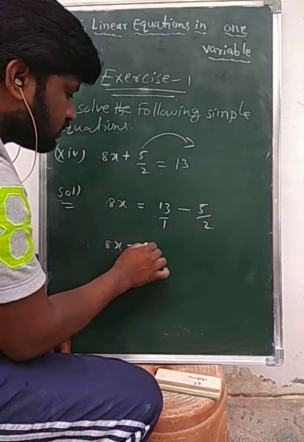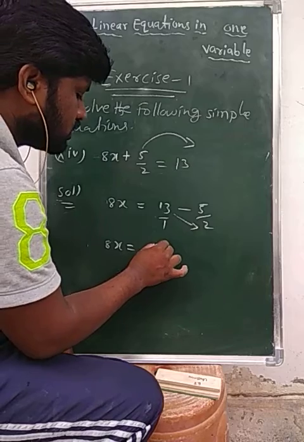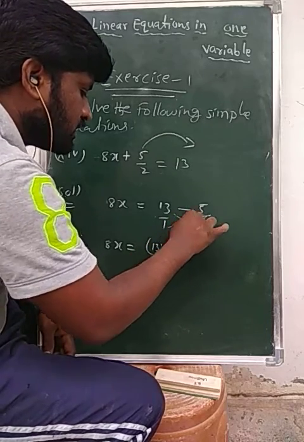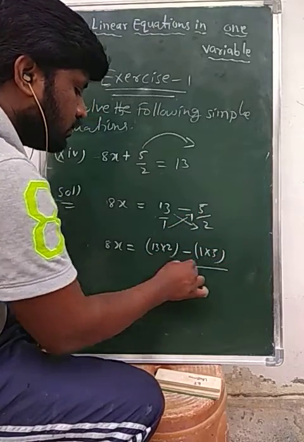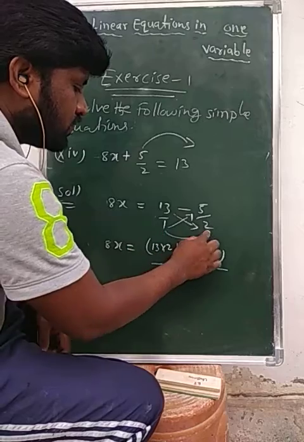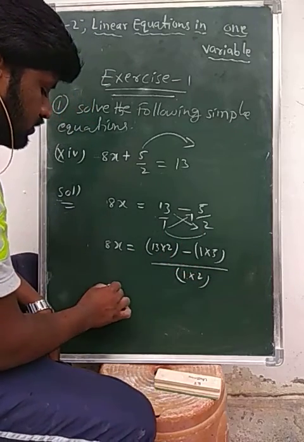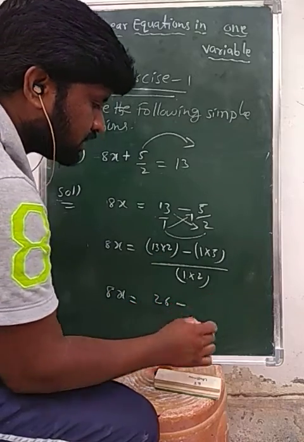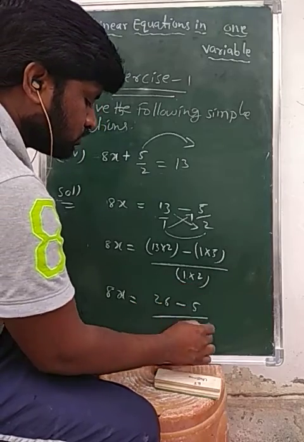Now 8x equals, you just do the cross multiplication, 13 into 2. Here minus is there, again do like this, 1 into 5, cross product by the denominators also, 1 into 2. Okay, now 8x equals 13 2s are 26 minus 1 5s are 5, by 1 2s are 2.